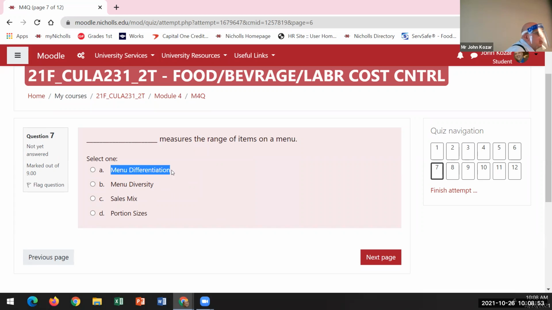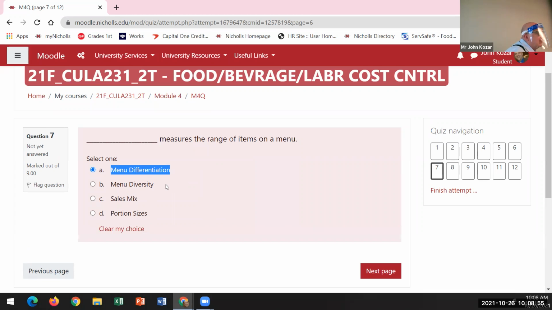Menu differentiation is talking about how your menu is different from your competitors. Menu diversity is talking about how diverse your menu is.